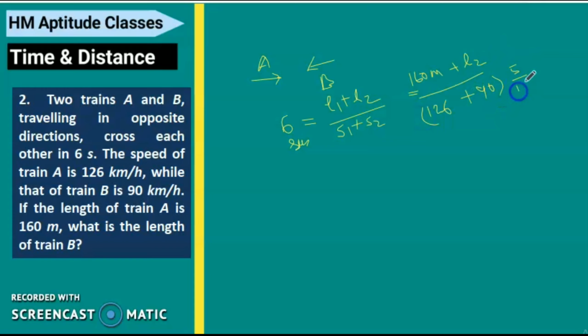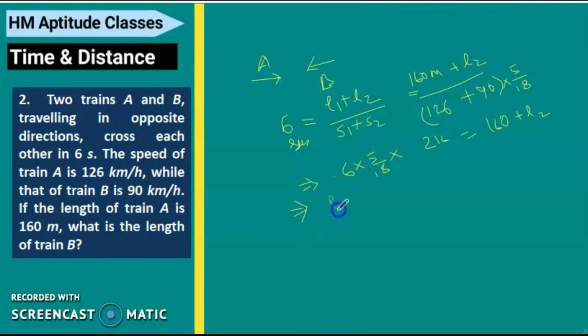The unit is given as kilometer per hour, so we can convert it to meter per second, as 1 kilometer per hour is equal to 5 by 18 meter per second. Now if we solve this by cross multiplication, 6 into 5 by 18 into 216 equal to 160 plus L2.